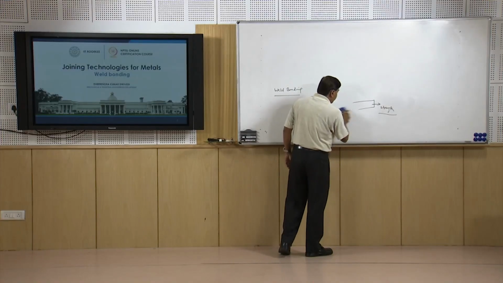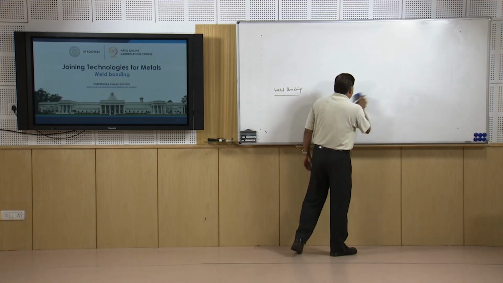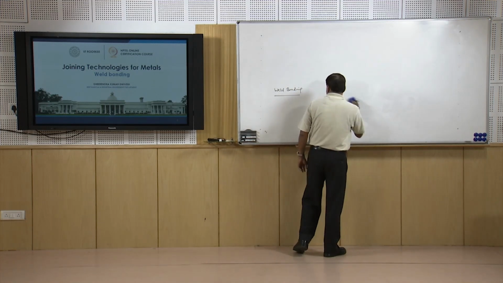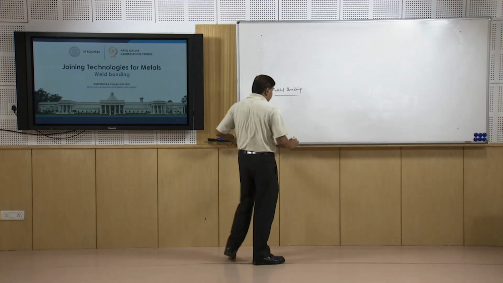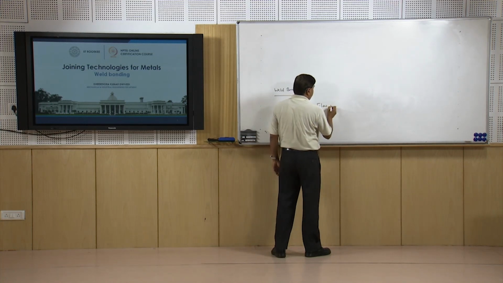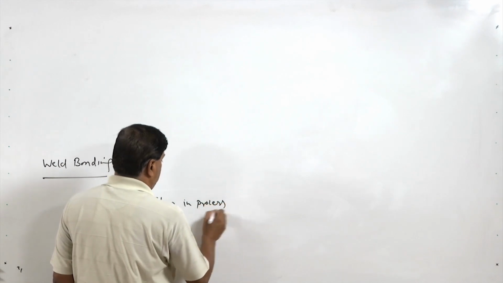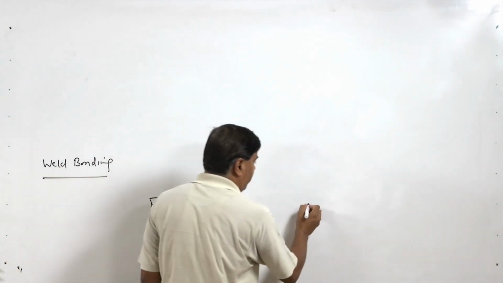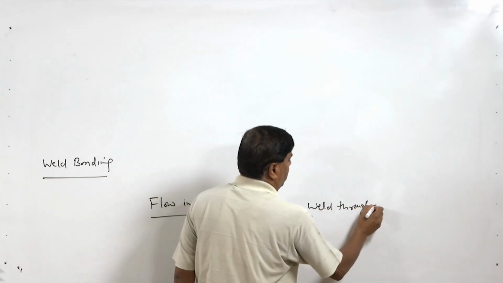There are two approaches used for developing weld bonds, and the names of these approaches are the flow in process and the weld through process.